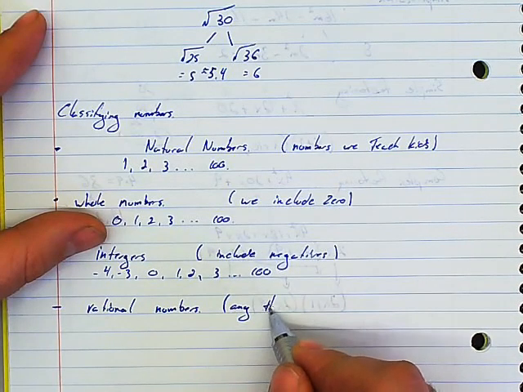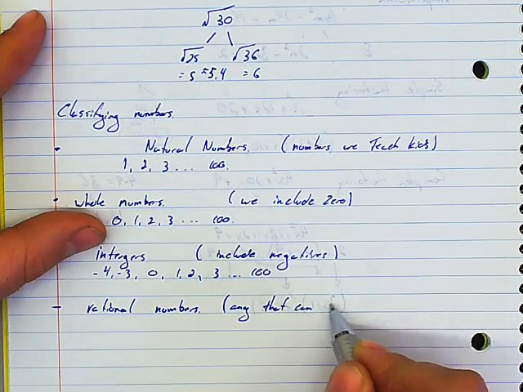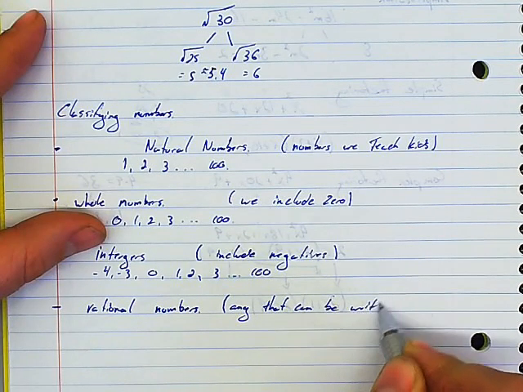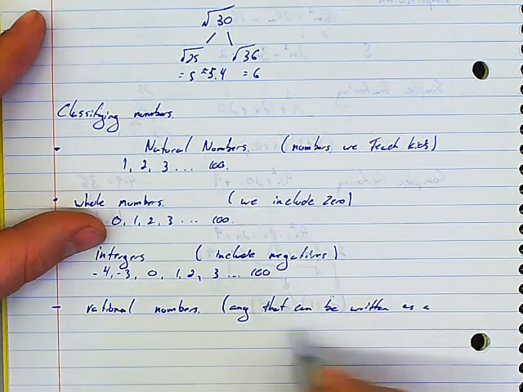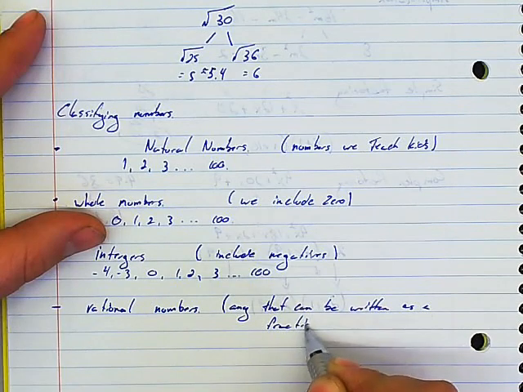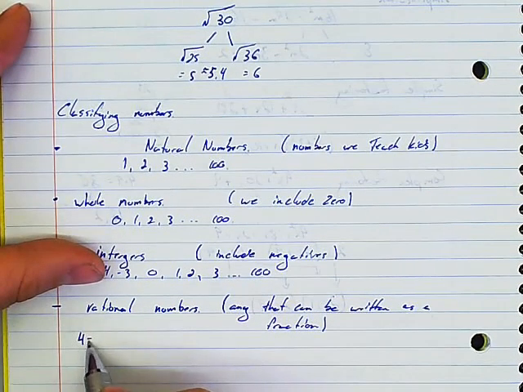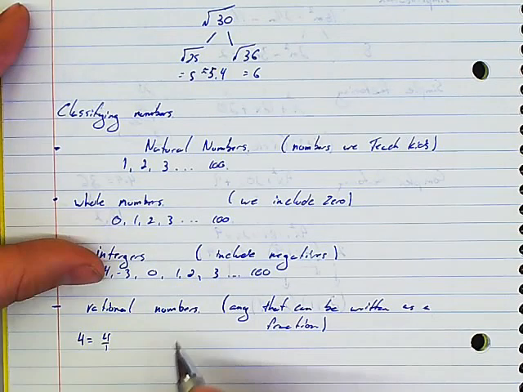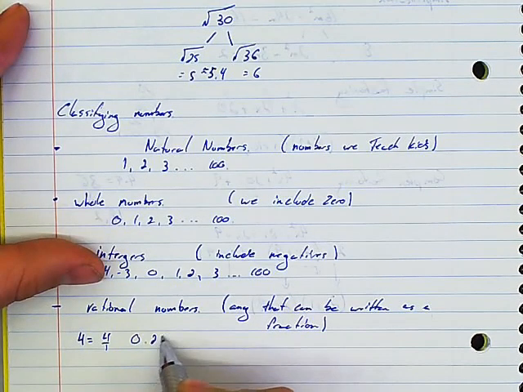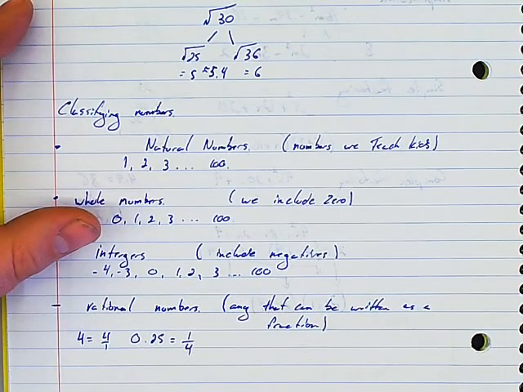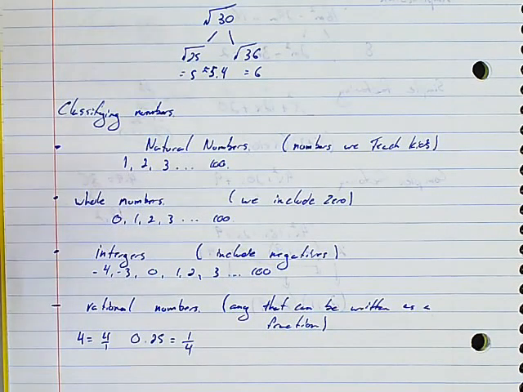If it can be written as a fraction, it is rational. There is a couple of stipulations with this. 4 can be written as a fraction, because 4 is simply 4 over 1. 0.25 can be written as a quarter, or 1/4.